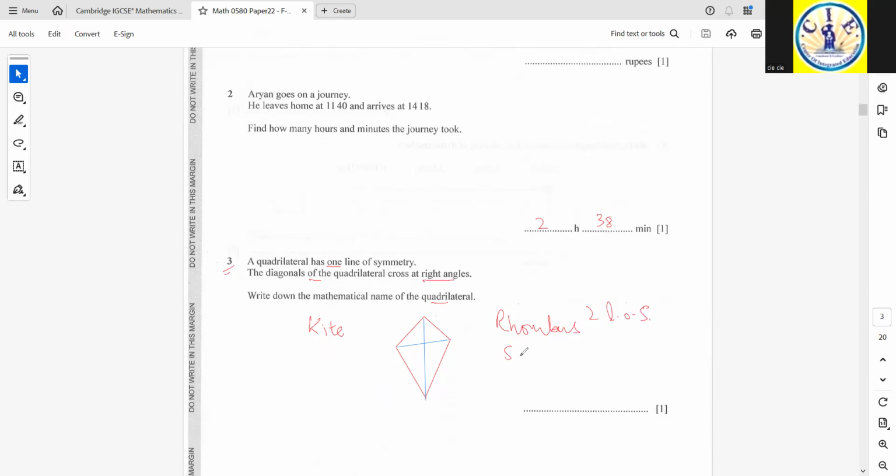As far as a square, the diagonals cross at right angles, but it has got 4 lines of symmetry. So our required quadrilateral is a kite which has got 1 line of symmetry and the diagonals cross at right angles. So the correct answer is a kite.